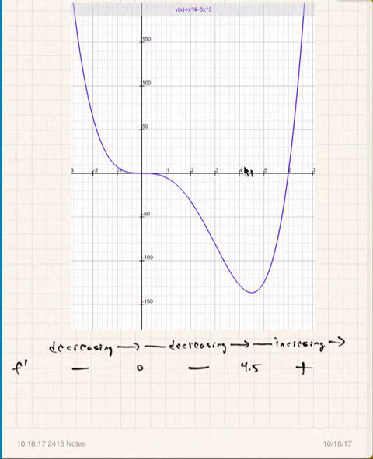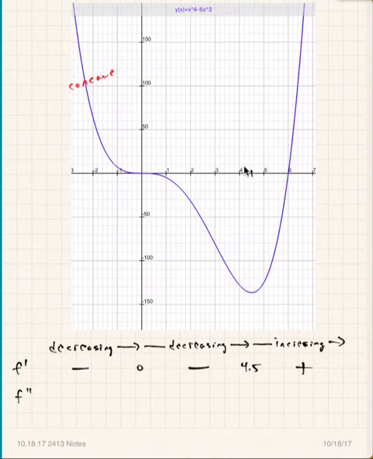The second derivative, what do we have? If you look at the concavity of this piece of the graph, the function is concave down until you get to 0, 0. And then, I'm sorry, not concave down, that's kind of embarrassing. Concave up. Let me back up here real quick.